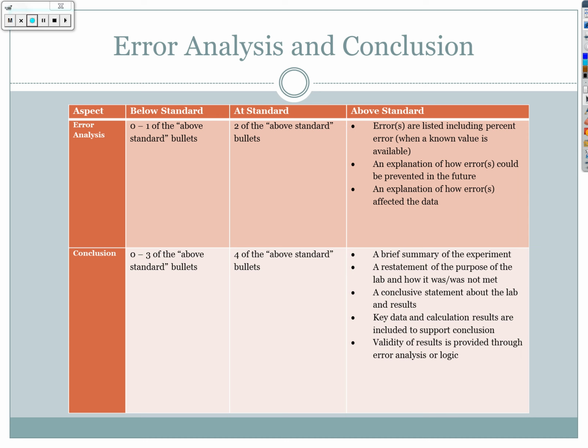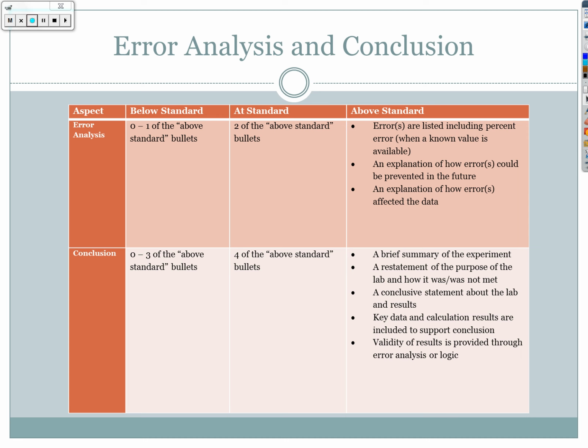So like I said, with the mystery lab solution, you need to have A and B reacted to show this. And then validity of the results is provided through error analysis or logic. And again, remember, you need to really explain your logic. Don't just say deductive reasoning. That's a nice fancy word, but I don't know what it means to you. So explain to me your results. Being at standard meets only 4 of those bullets, and being below standard meets 0 to 3 of the above standard bullets.